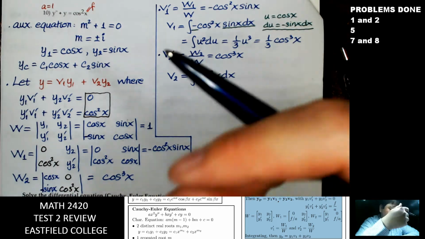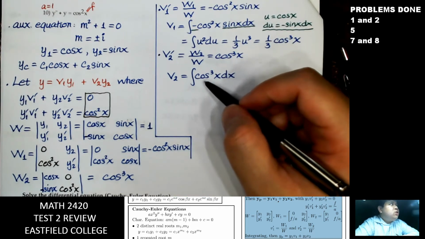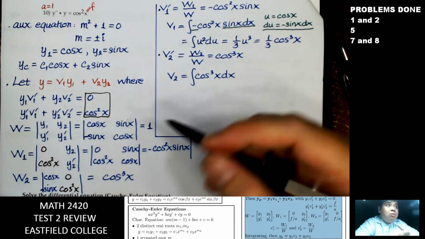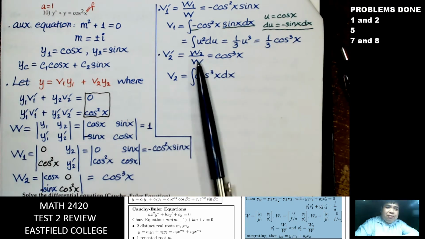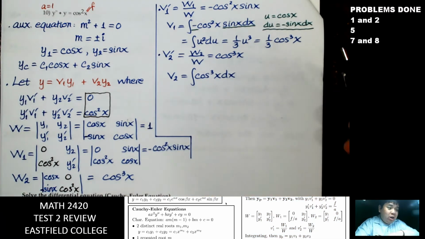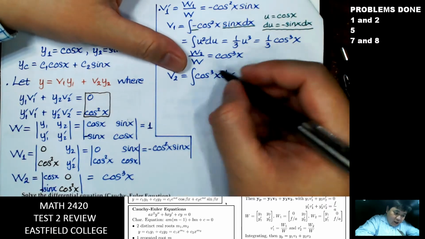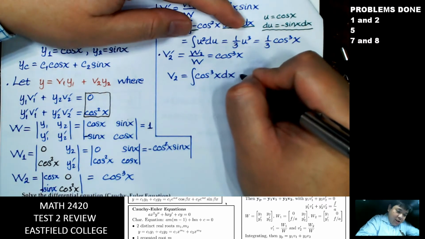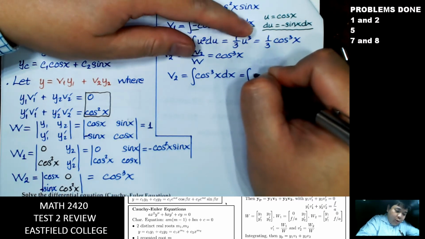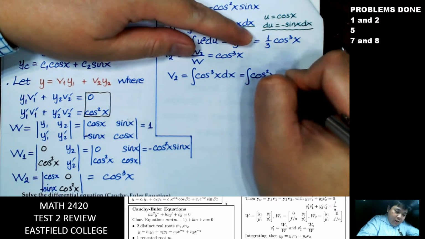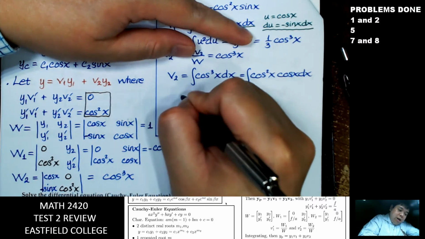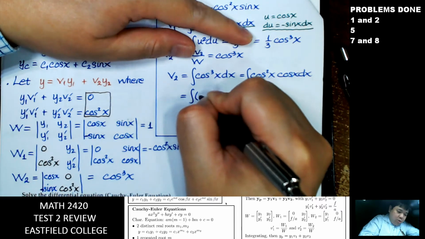Right, note that cosine cube, so if cosine is odd, then we have to let u equal to sine. That is the way we do the trigonometry integration. So the way to get to sine x is we have cosine cube, so we have cosine square, and then the cosine x dx. Cosine square here is 1 minus sine square.